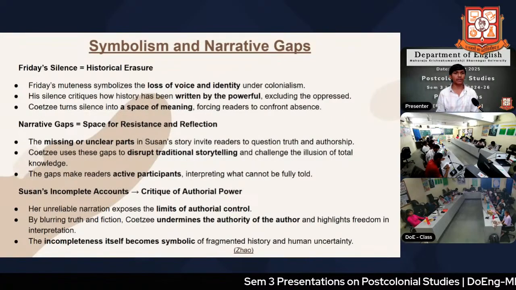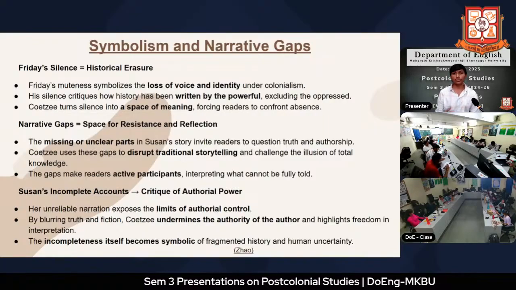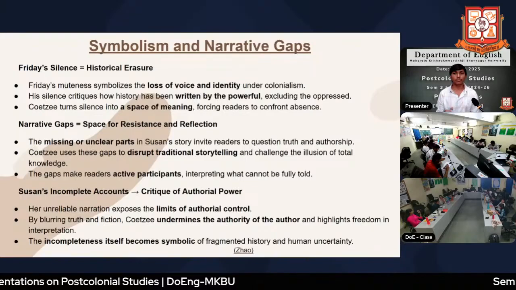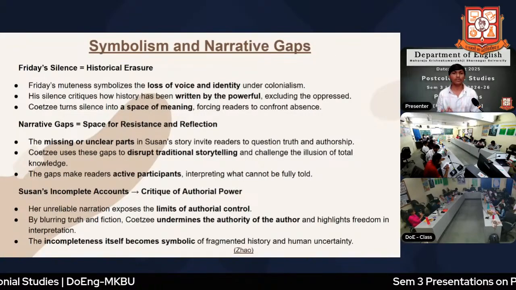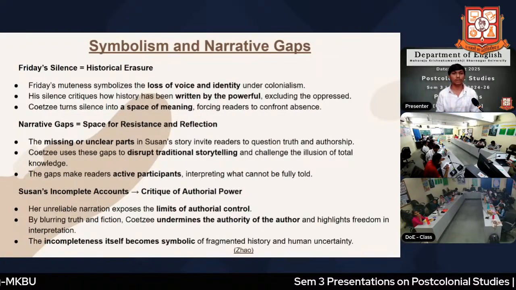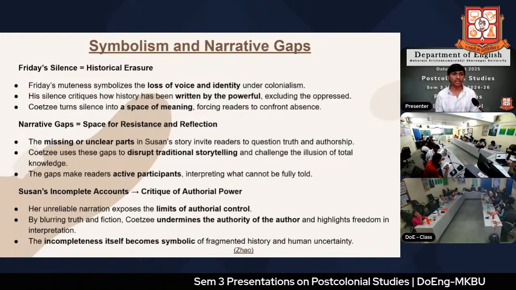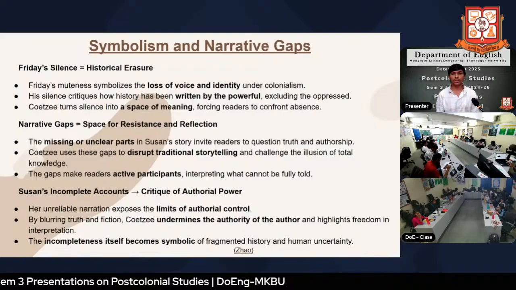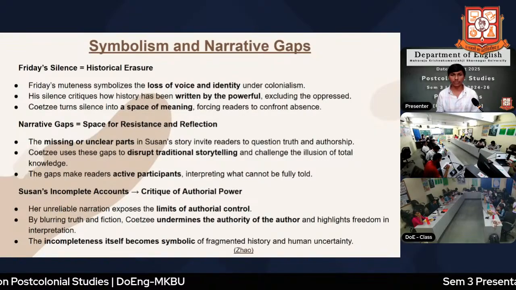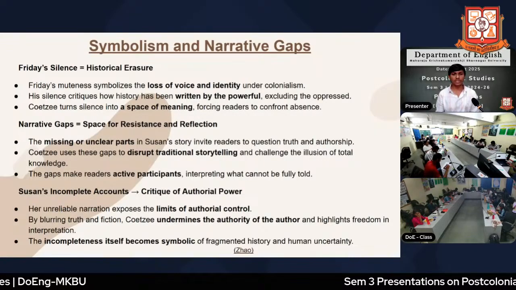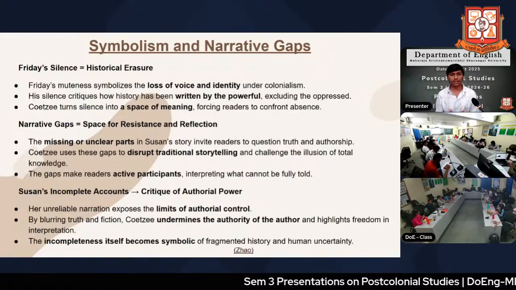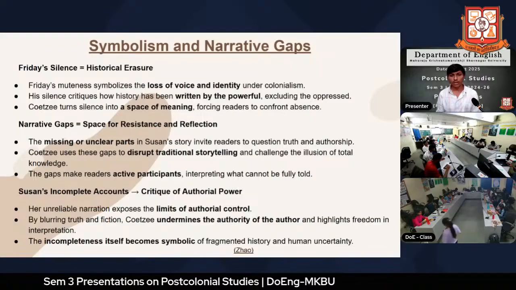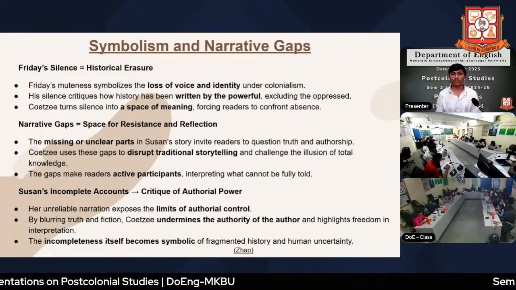Friday represents loss of voice and identity. His silence is written by the powerful, and it shapes spaces of meaning, narrative gaps, the missing or unclear parts. Susan's story invites readers to question authorship, and Coetzee uses gaps to disrupt traditional storytelling and encourage the reader's active participation, interpreting what cannot be fully told.